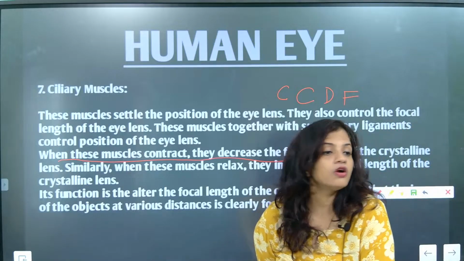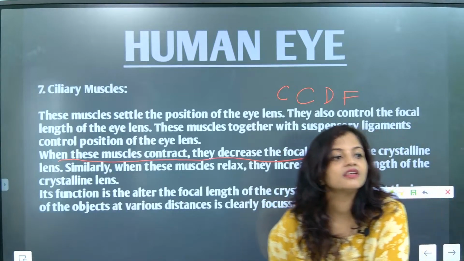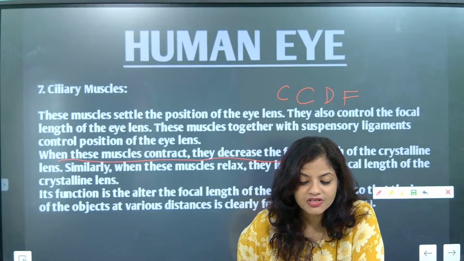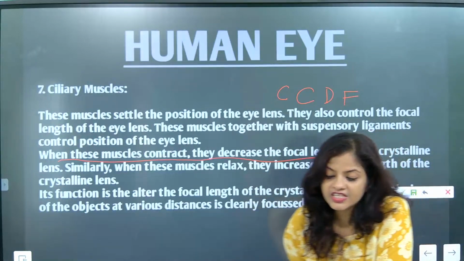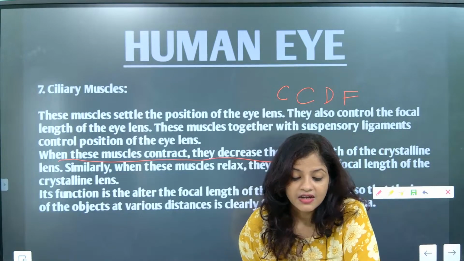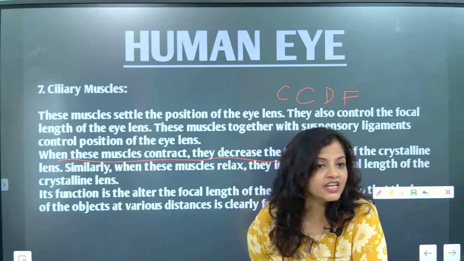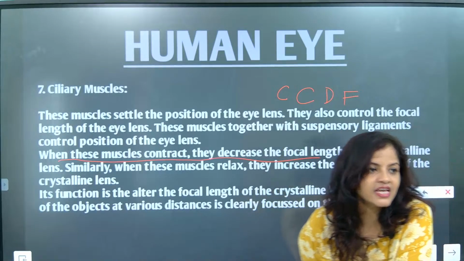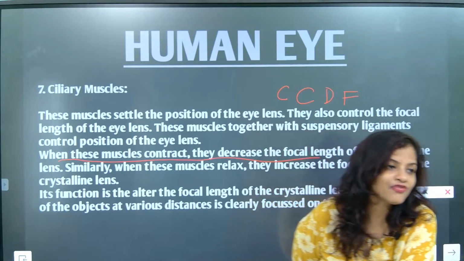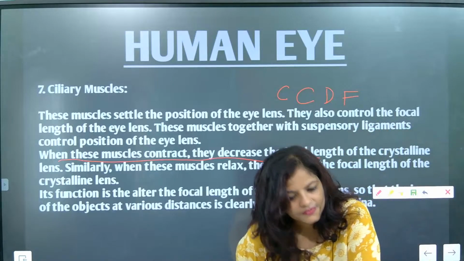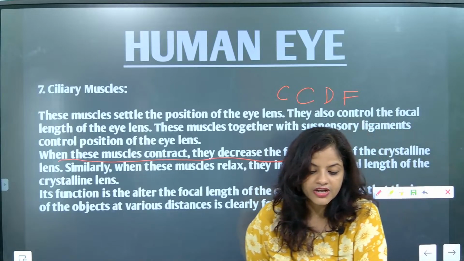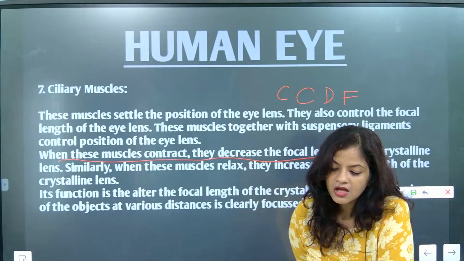Now look here. Contraction of ciliary muscles will increase or decrease the focal length? Decrease the focal length: CCDF. Contraction of ciliary muscles decreases the focal length.